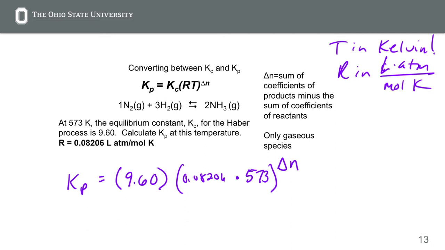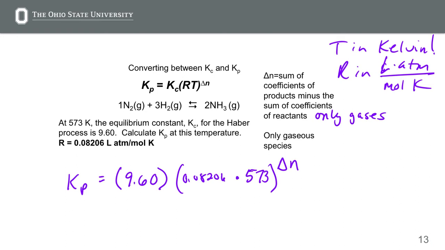The delta n is the sum of the coefficients of the products minus the sum of the coefficients of the reactants for only the gaseous species present. If we're going to work with an equilibrium constant with pressures, the only things that are going to affect the pressure are gases. Right? So only the gases are going to make a difference here.